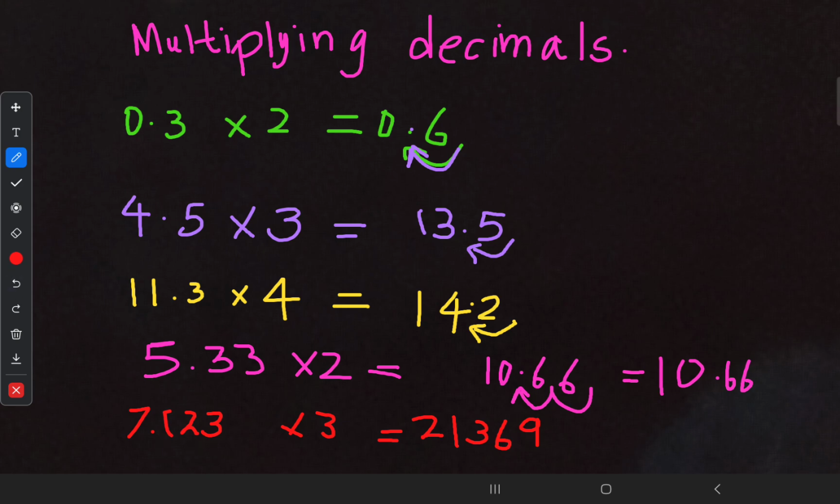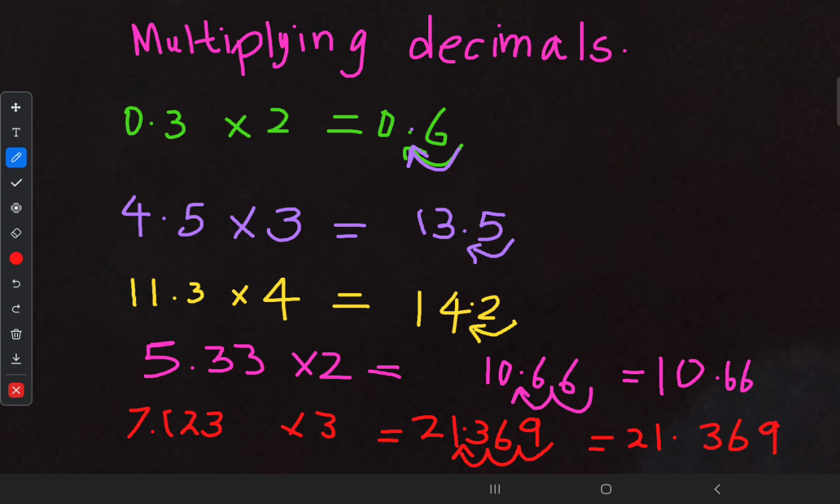There are 3 digits after the decimal point. So from the multiplied value's last, you should place your decimal 3 digits towards left. So the final answer would be 21.369. That's all for these kinds of questions.